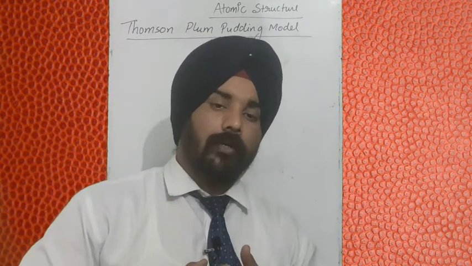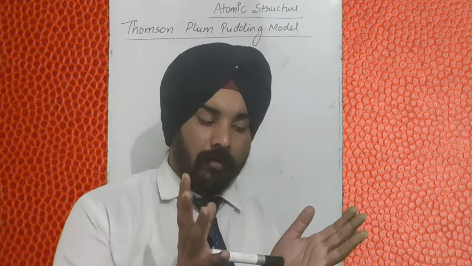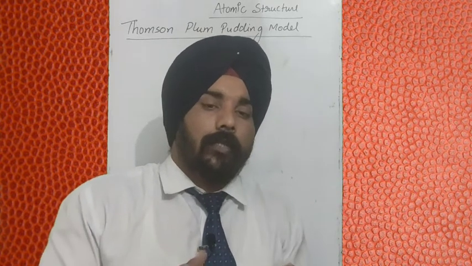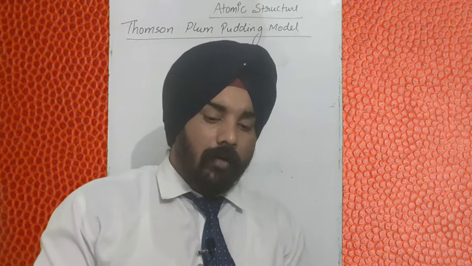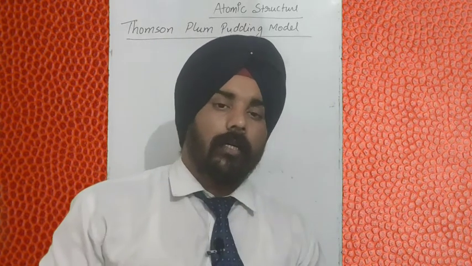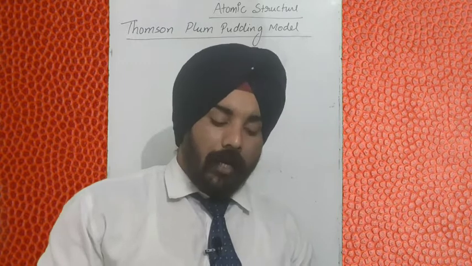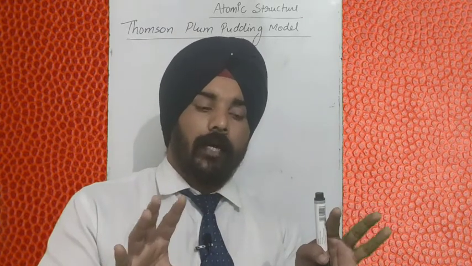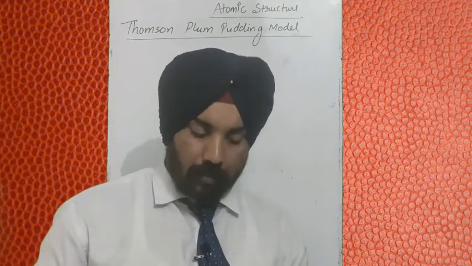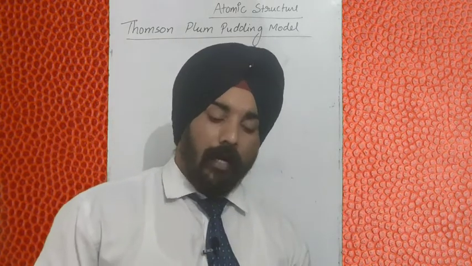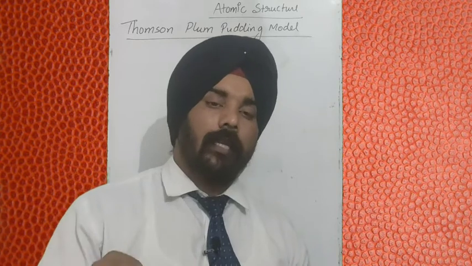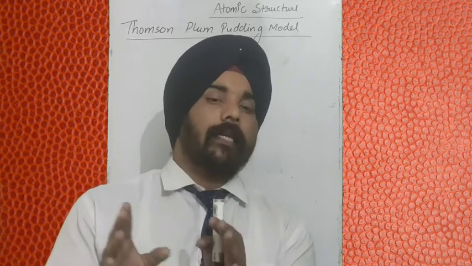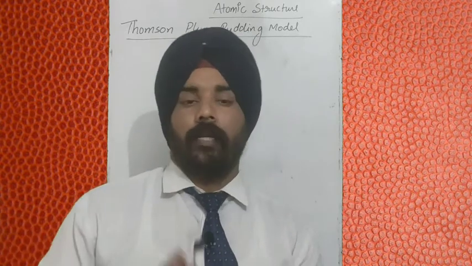What has he told us, what did he discover about the atom? Okay, what was his assumption about the atom? He told that the atom is a spherical body. Okay, and the positive charge and the mass of the atom are uniformly distributed in it, and the negative charge, that is electrons, are embedded in it as the seeds are embedded in a watermelon.